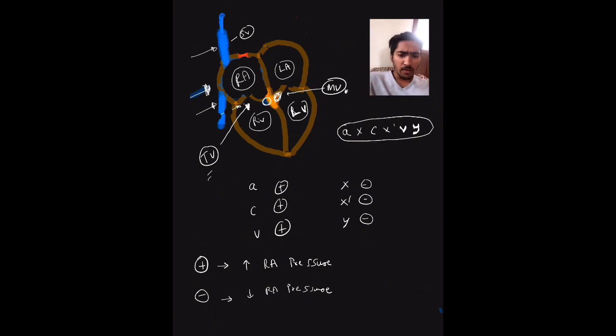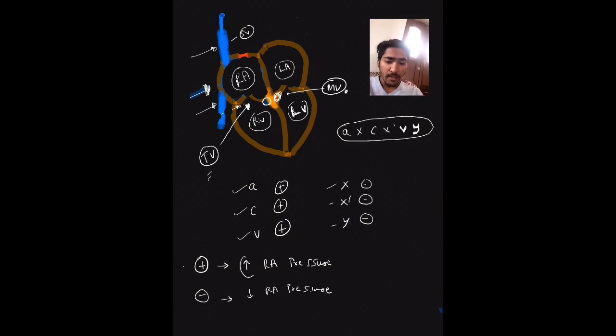Now just remember there are 6 waves that we get in JVP. You have A wave, C wave and V wave, which are positive waves, and X and Y are negative waves. Just remember that A, C, V are positive waves, X and Y are negative waves. What does positive mean?